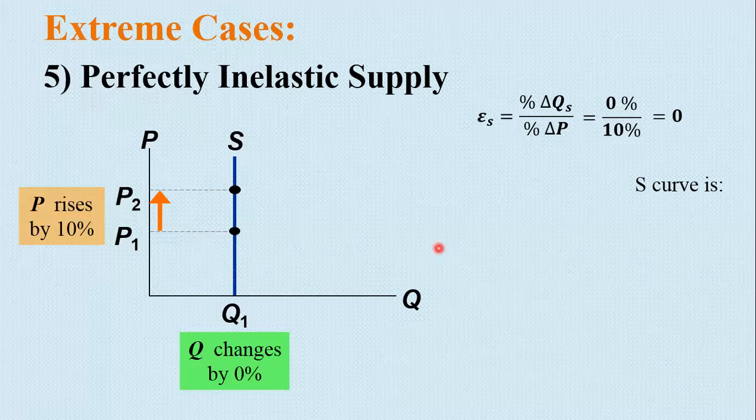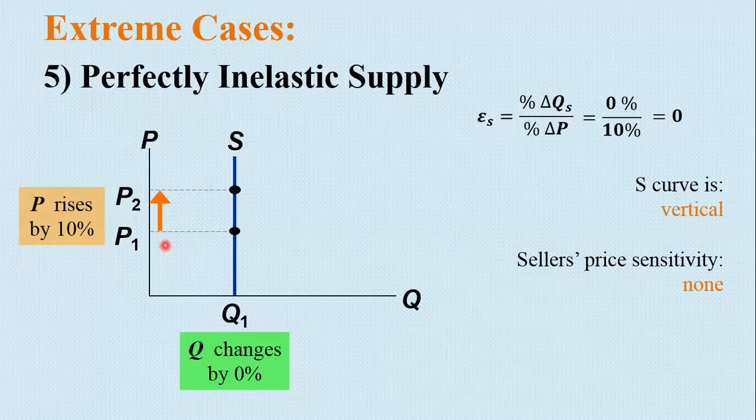So we can see the supply curve is vertical, and the seller's price sensitivity is zero here, because a large or extensive change in price is causing no change in quantity supplied. Similarly, the elasticity of supply is equal to zero.